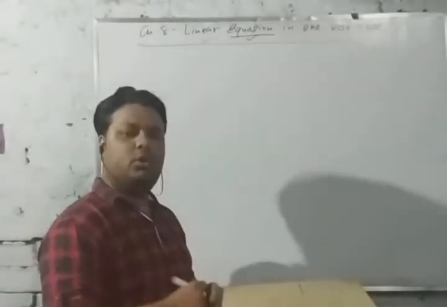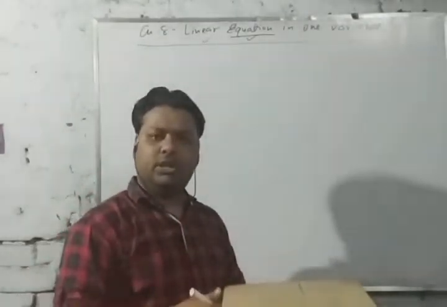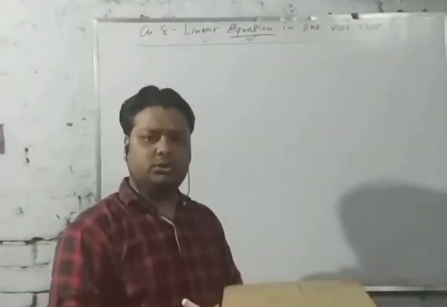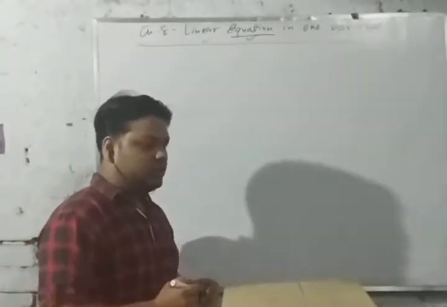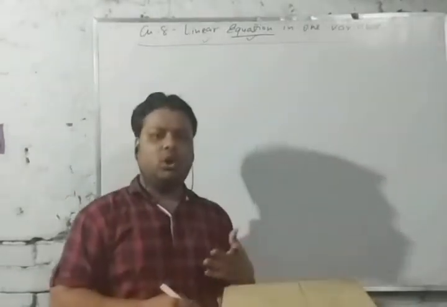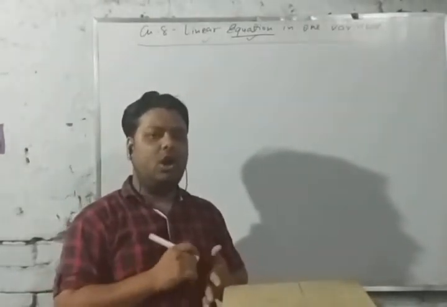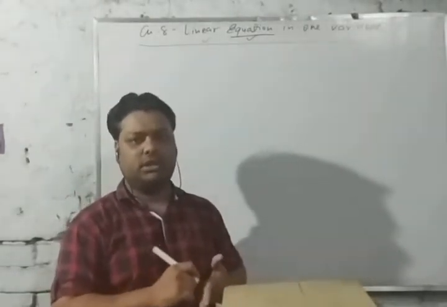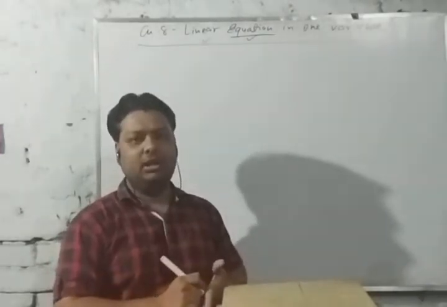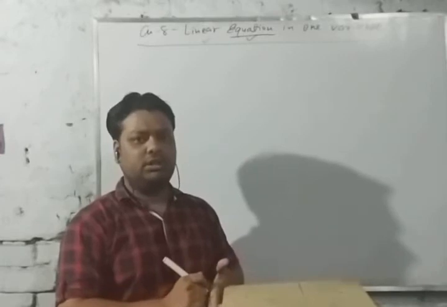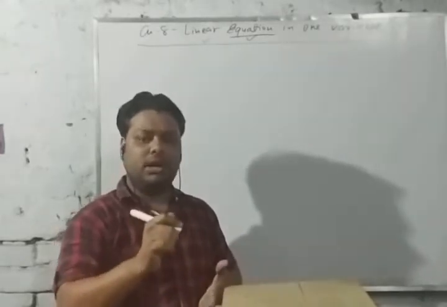If there are more than 2 or 3 terms, then it is called polynomial also. So it is only the expression. Okay dear, now we will solve how to find the value of the variable of any linear equation by some method.